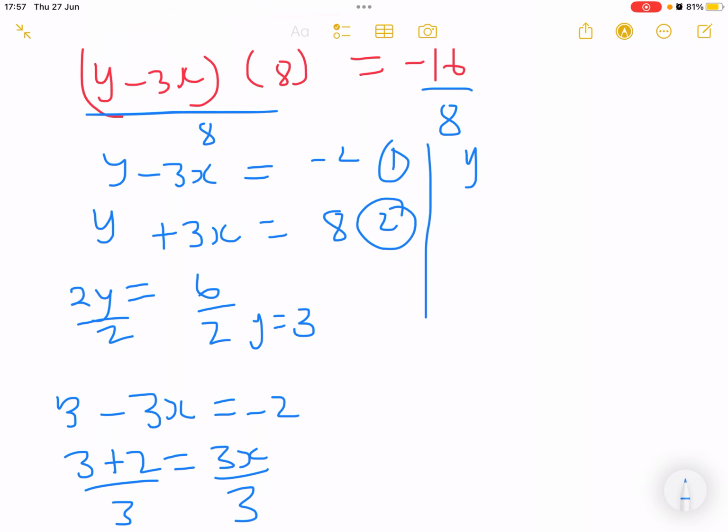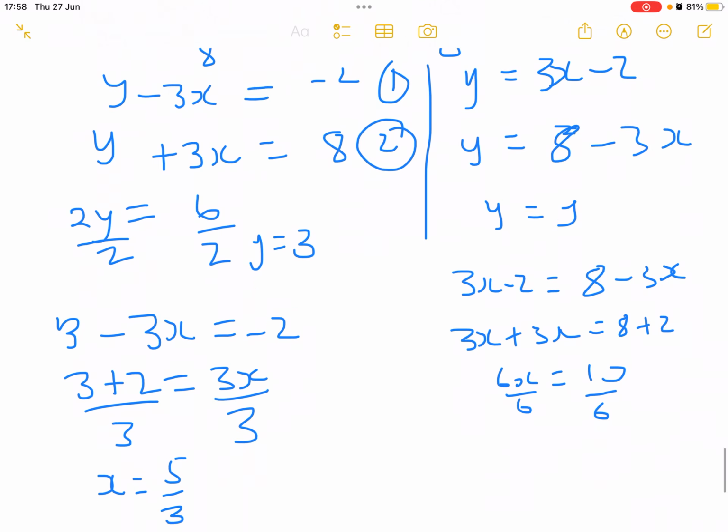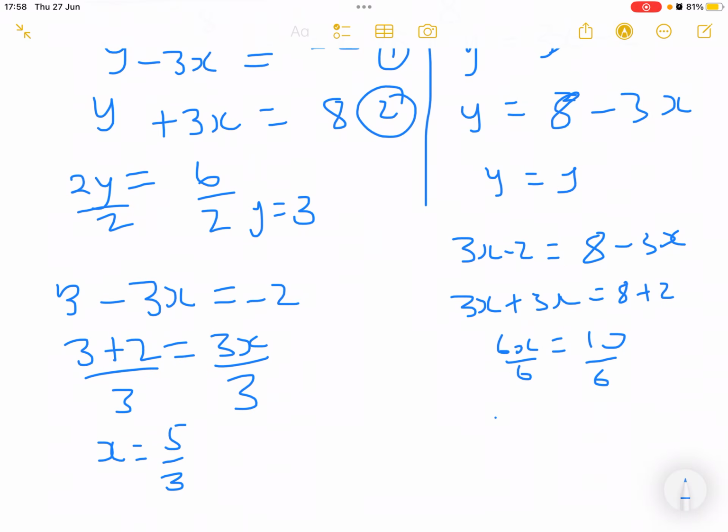If you say y is equal to 3x minus 2, and then y is equal to 8 minus 3x, then 3x minus 2 is equal to 8 minus 3x, and then 3x plus 3x equals 8 plus 2, 6x equals 10, divide by 6, and I get x is equal to 5 over 3.